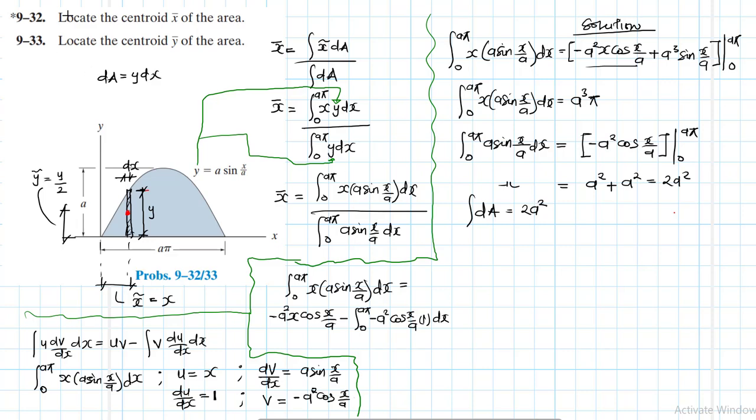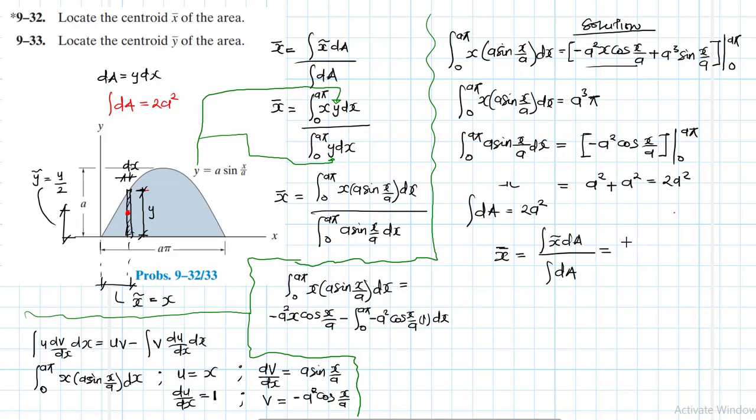We need to remember this. Alright, I'll write it here. So the integral of dA, because we'll use it later on, is 2a squared. Great. So now let's finish off our x bar. Our x bar is equal to the integral of x squared, like we are doing it there, divided by a dA.